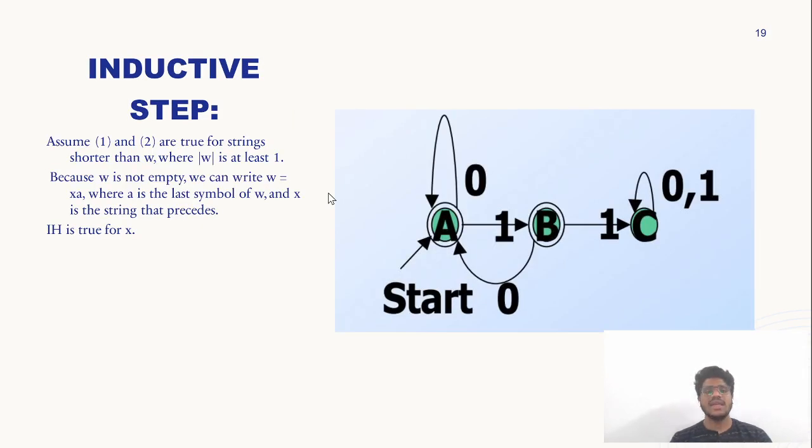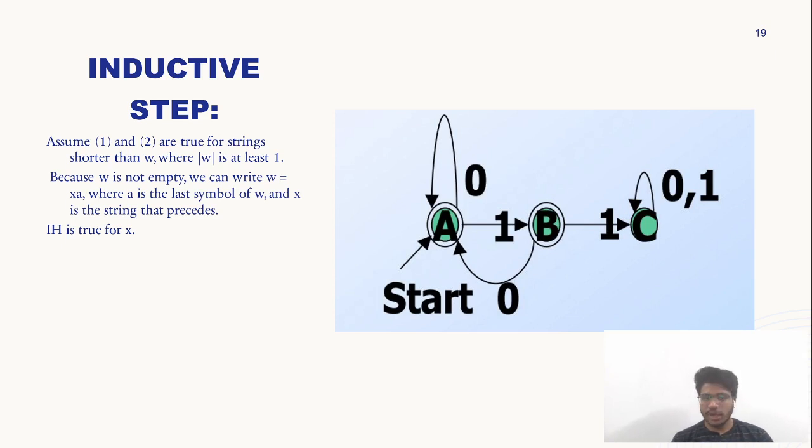So in this inductive step, we can assume statements 1 and 2 hold for strings shorter than W, where W has length at least 1.